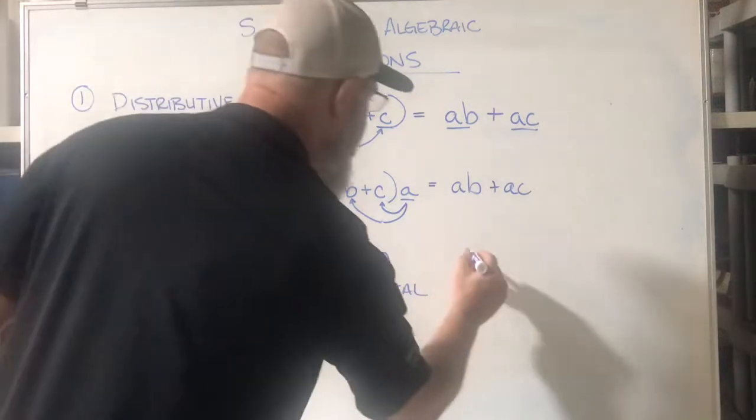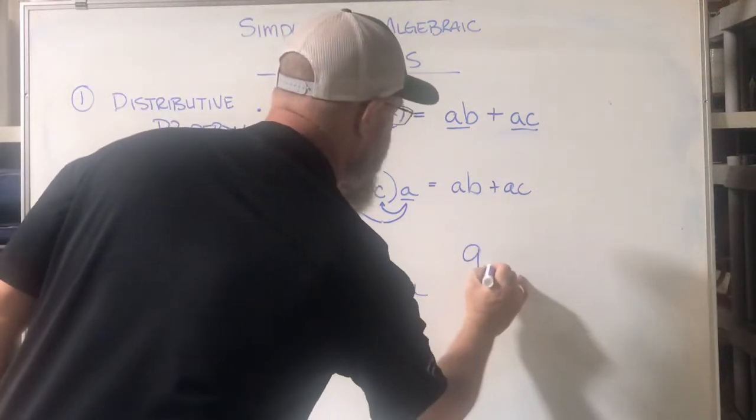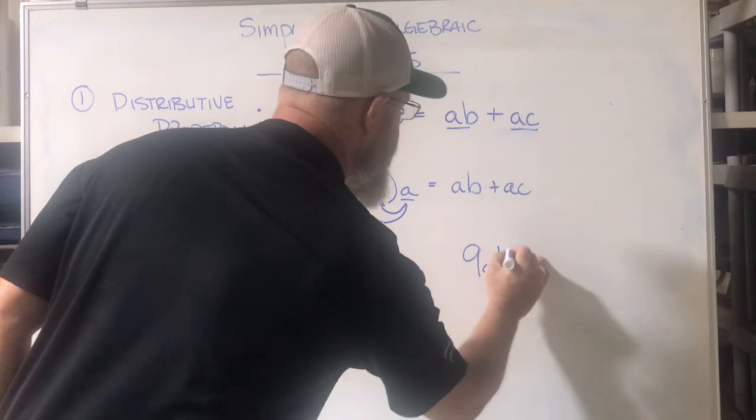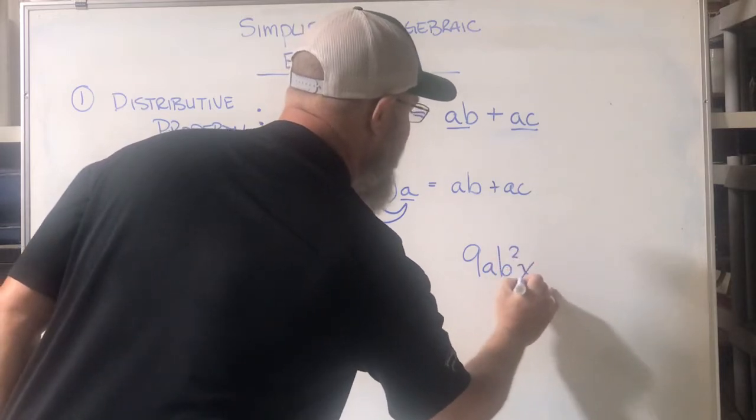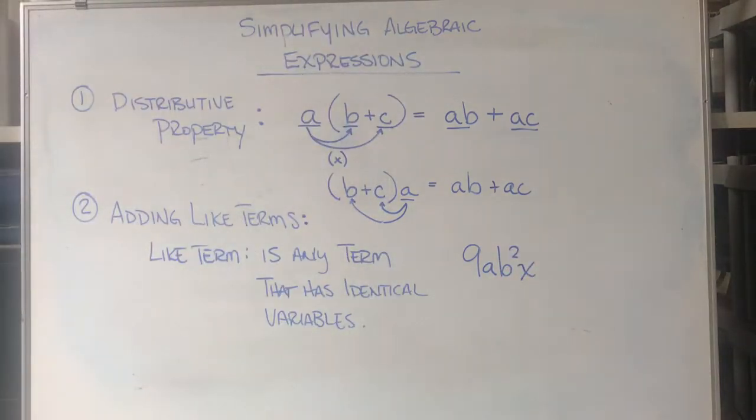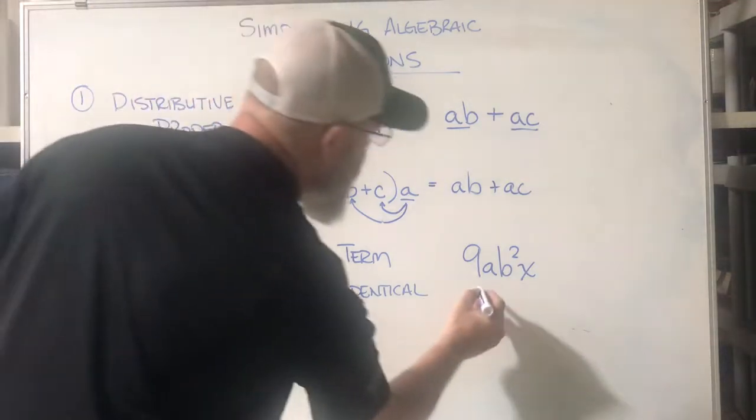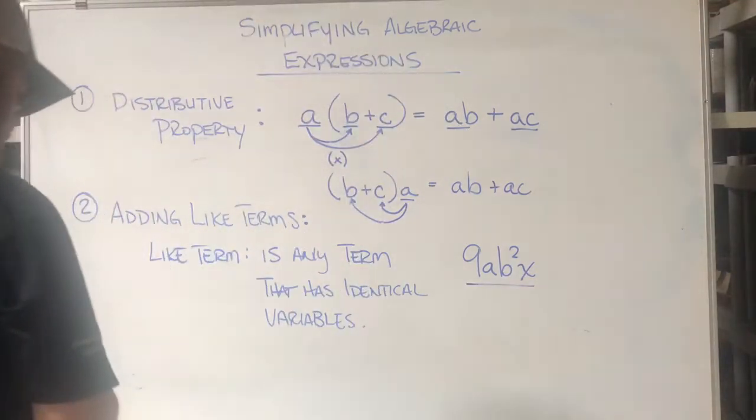Well, if I have 9 times a times b squared times x, all right, what is a like term to this term? This is a term, all right?